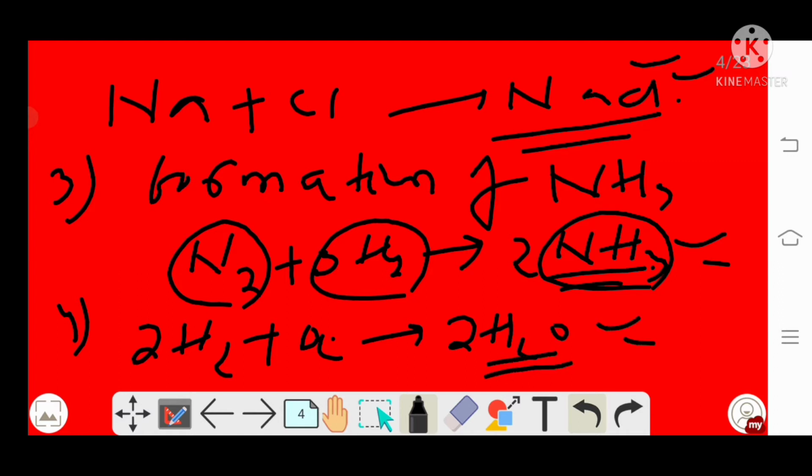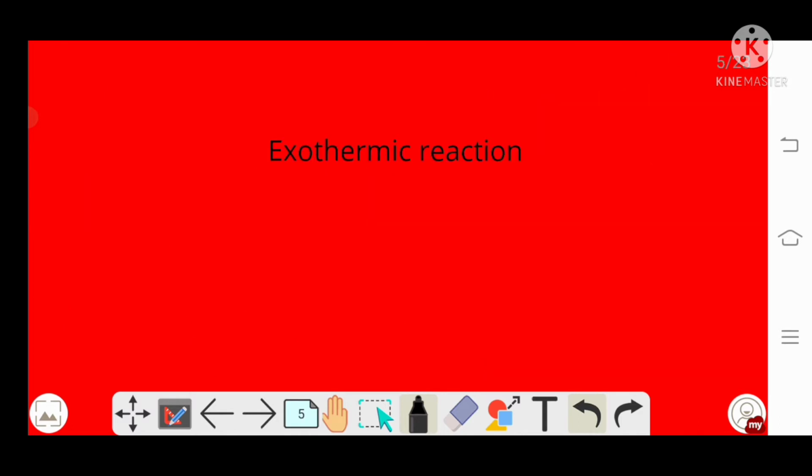These are some examples of combination reaction: burning of coal, formation of sodium chloride, formation of ammonia, or formation of water.